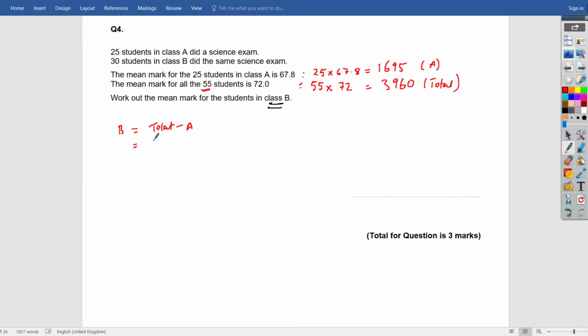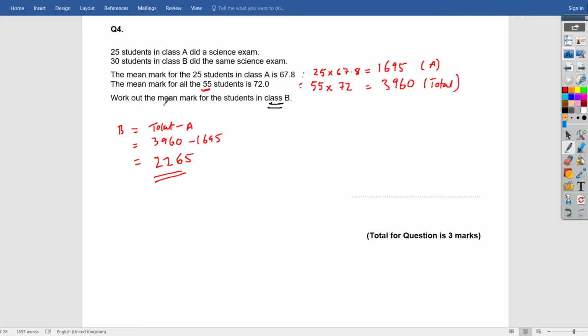So my total was 3,960, subtract the 1,695. 1,695 from 3,960 is going to give me 2,265 marks in total. So the marks in total for Class B was 2,265.